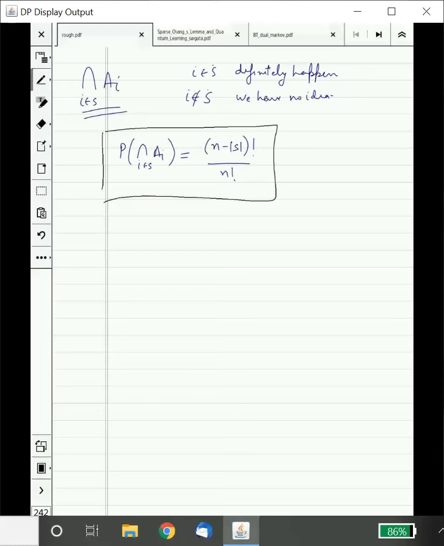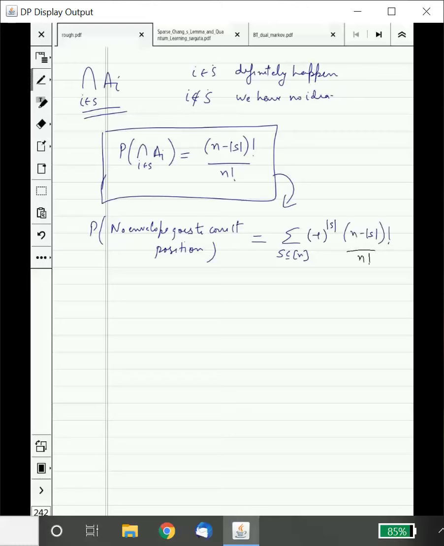And then applying the formula of inclusion and exclusion, we get the probability that no envelope goes to the correct position. So I'm just going to substitute this in my formula derived earlier, and I will get summation of minus 1 to the s and then (n minus s) factorial by n factorial. Now you realize that this quantity only depends on the size of S. So then this can be simplified, and we have n choose k subsets of size k.